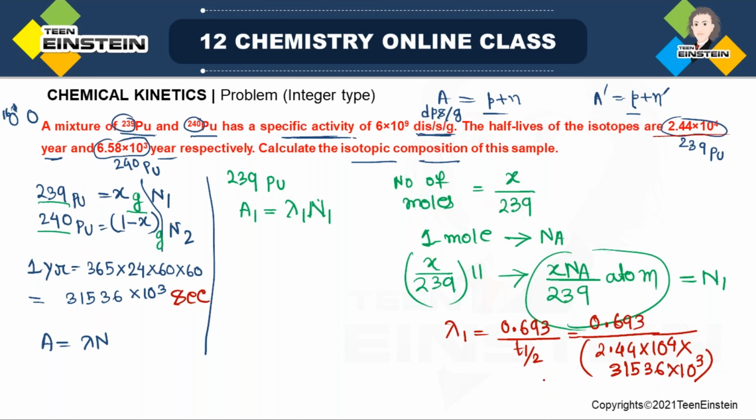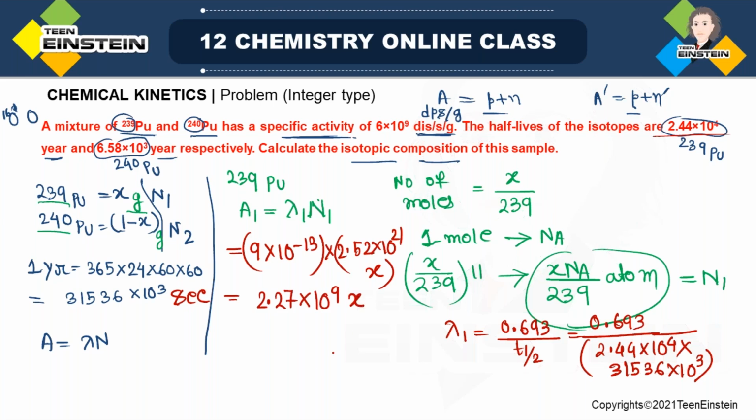So now we know what lambda 1 is and what N1 is. Put the values here. If you put them in, you will see it is 9 × 10^-13 for lambda 1, and for N1 the value is 2.52 × 10^21 X. Ultimately the value is 2.27 × 10^9 X. Now what will be the unit?